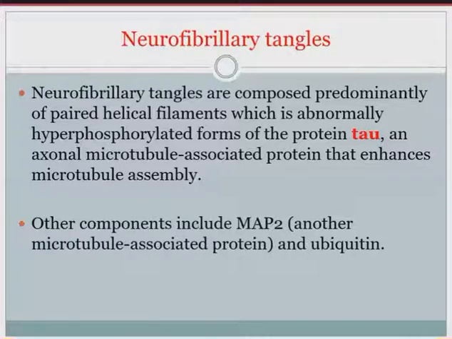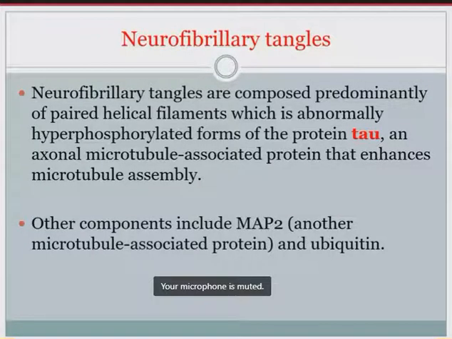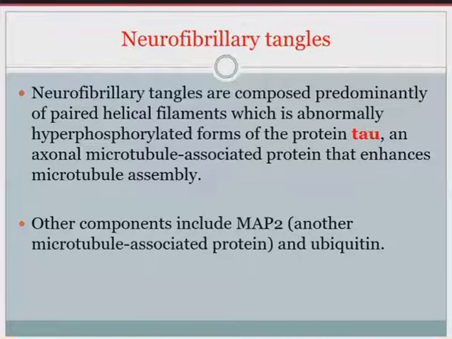That are seen as filaments. The protein tau is an axonal microtubule associated protein that enhances microtubule assembly. So the neurofibrillary tangles are the hyperphosphorylated protein tau seen as helical filaments within the cytoplasm. They may be around the nucleus or they may push the nucleus.